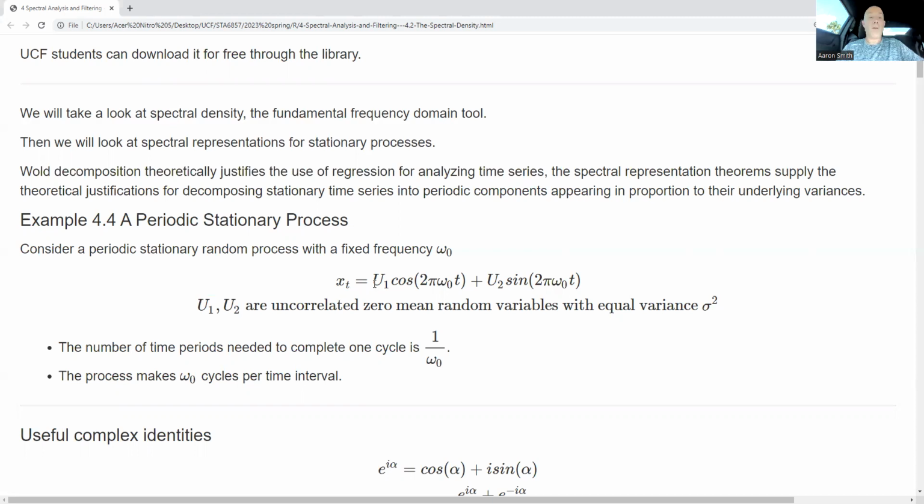The number of time periods needed to complete one cycle is 1 over omega sub 0, and the process makes omega sub 0 cycles per time interval for this individual component. Where we're going is that we're going to have multiple of these, adding up to our actual time series.